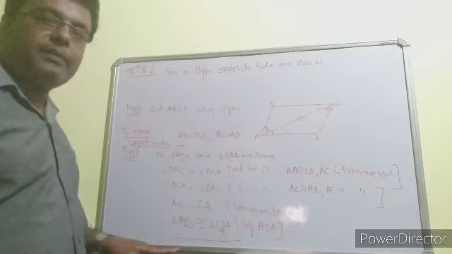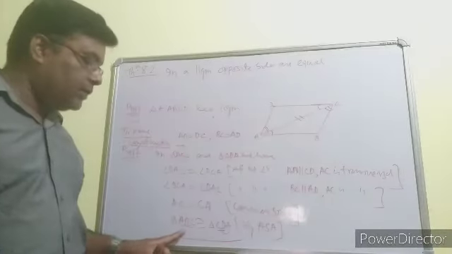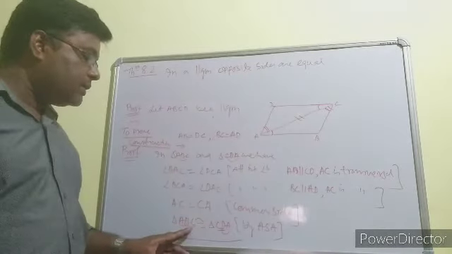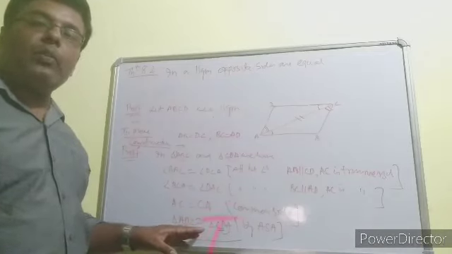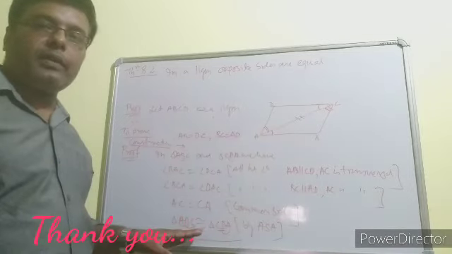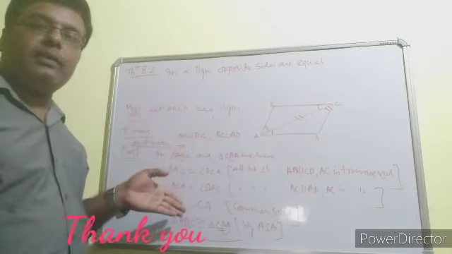Only you have to write this part. That is, after triangle ABC is congruent to CDA, you have to write AB is equal to CD and BC equal to DA, in brackets CPCT. That is, the opposite sides of a parallelogram are equal. So the proof part of theorem 8.2, write it yourself.